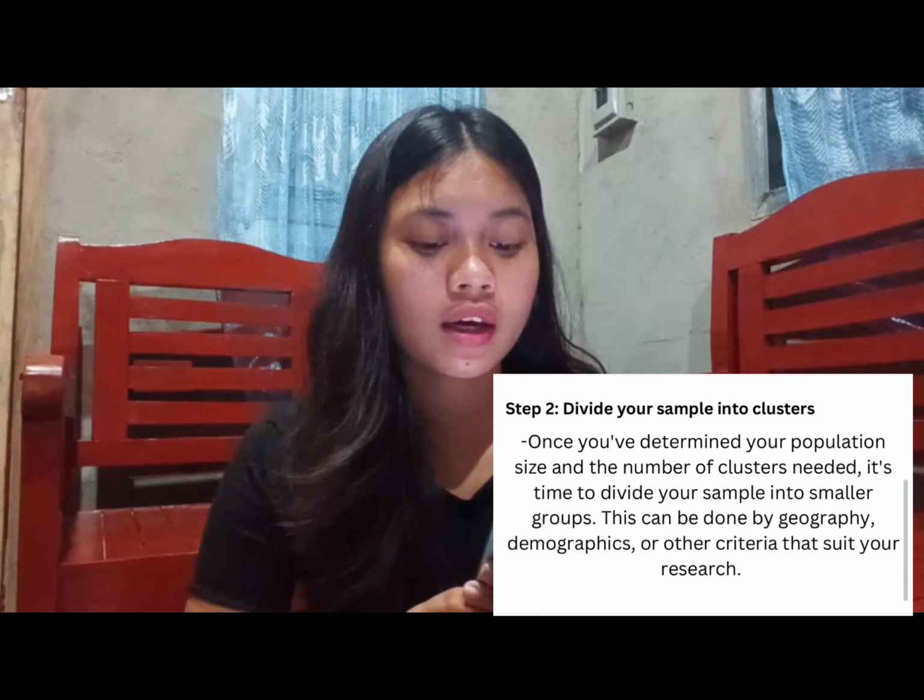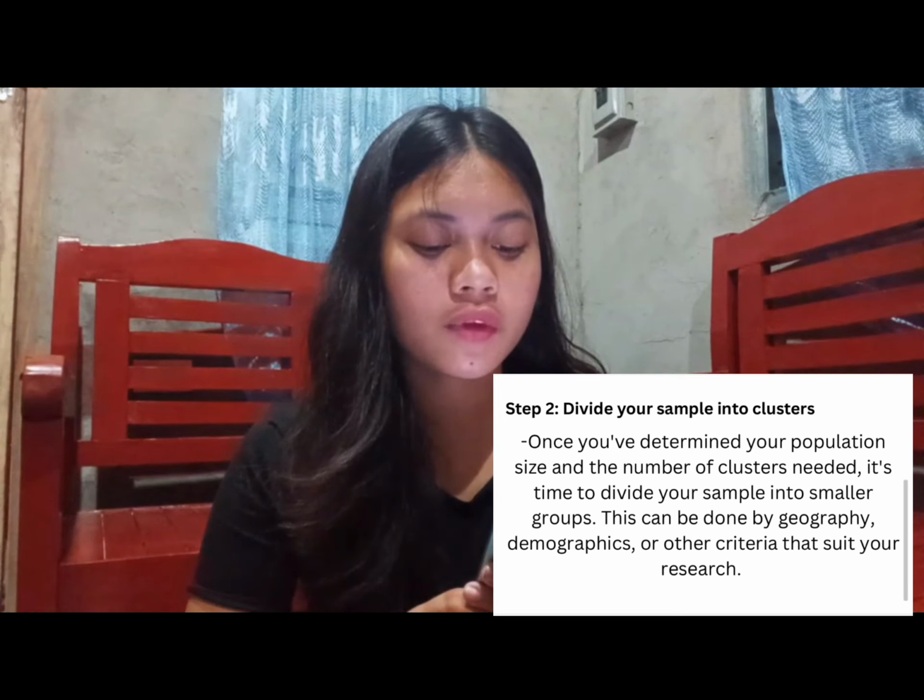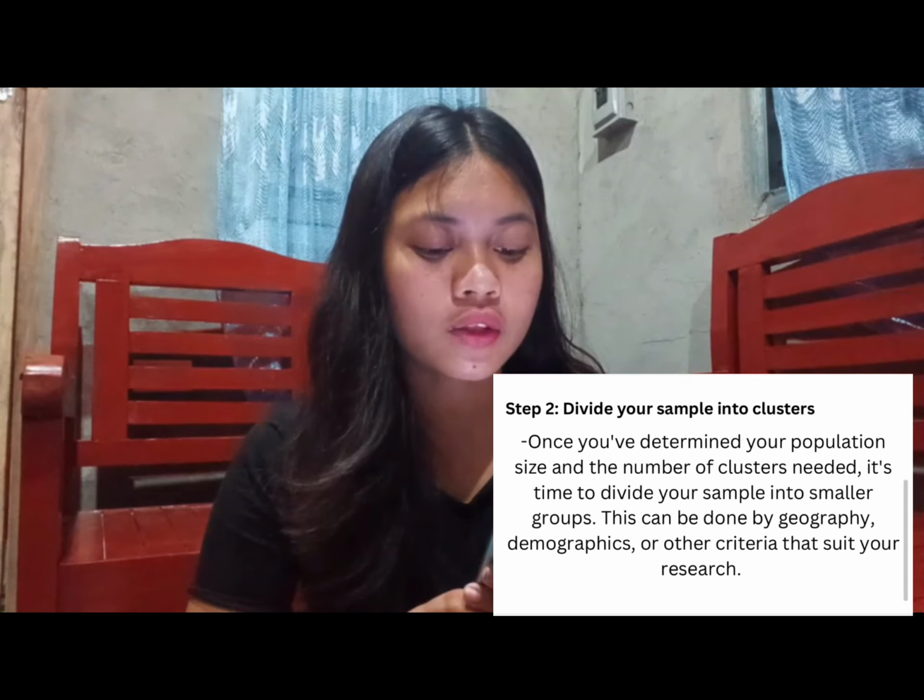Step 2. Divide your sample into clusters. Once you've determined your population's size and the number of clusters needed, it's time to divide your sample into smaller groups. This can be done by geography, demographics, or other criteria that suit your research.